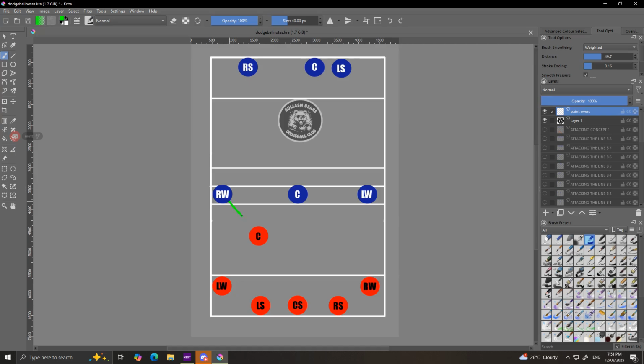So he throws. Doesn't matter whether it hits me or not, he throws. The response is left wing. Their response, center. Our response, right wing. And then their response, left wing.